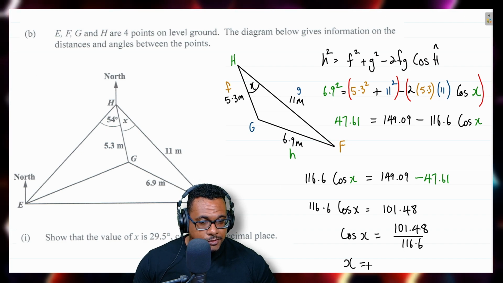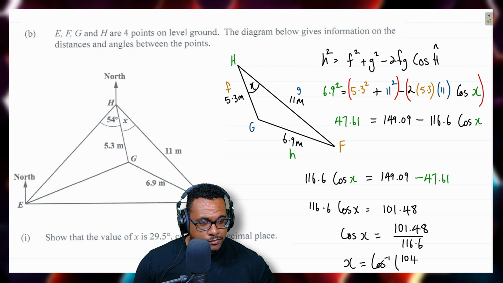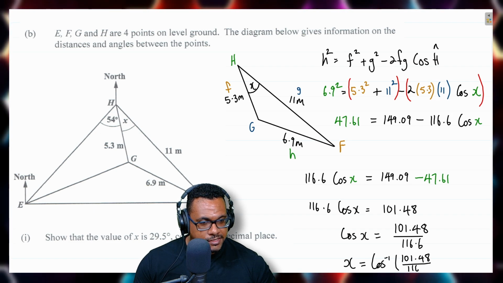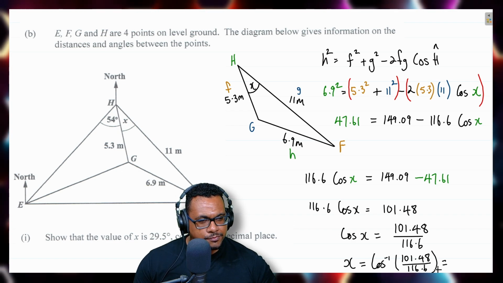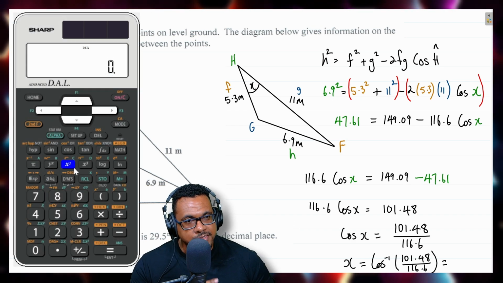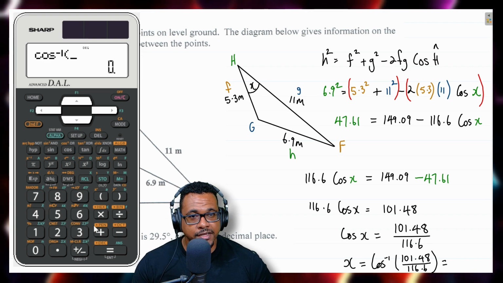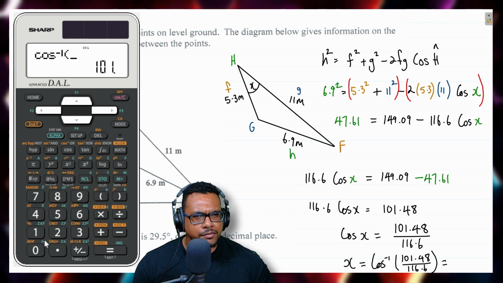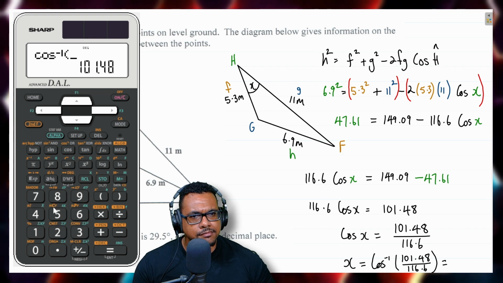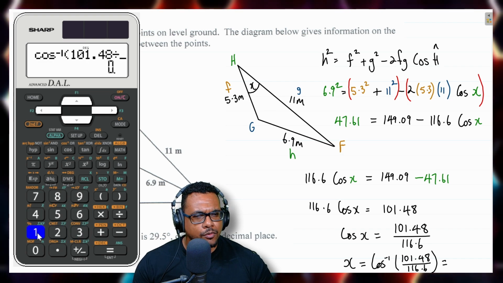So x is equal to the cos inverse of 101.48 divided by 116.6. On the calculator, I'm going to press second function, then cos. See cos inverse come up, open my brackets, and put 101.48 divided by 116.6.